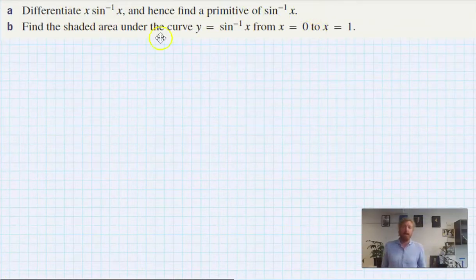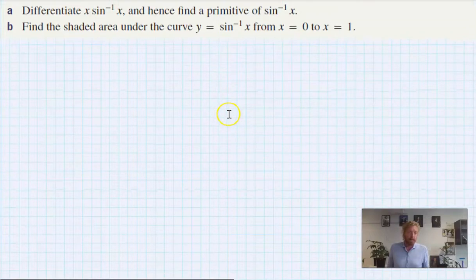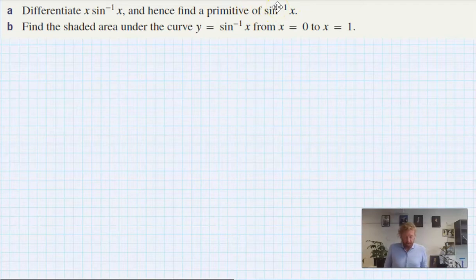We'll do it in a couple of different ways; you'll see why soon. Differentiate this, hence find the primitive of inverse sine. Now we haven't been able to find the primitive of inverse sine. We've only been able to find the primitive of these weird looking kinds of functions. So now what I want to be able to do is integrate inverse sine, which is awfully exciting. Let's go. d by dx of x sine inverse x, using the product rule, is hold one, differentiate the other.